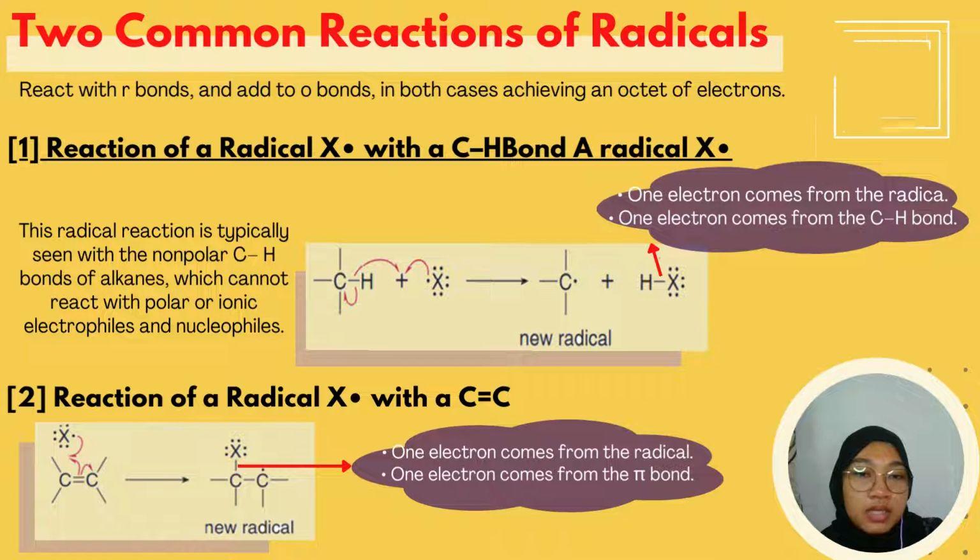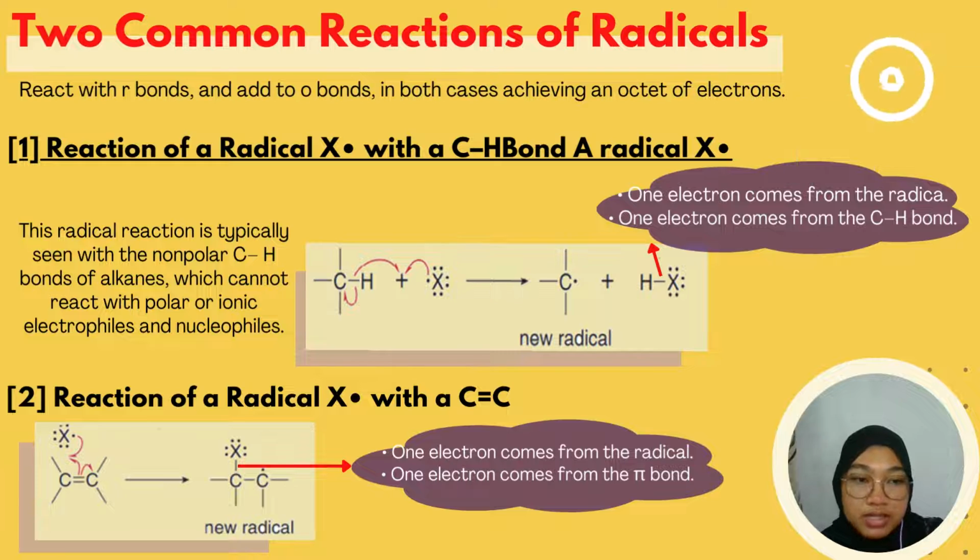The result is that the original radical X is now surrounded by an octet of electrons and a new radical is formed. This radical reaction is typically seen with a nonpolar CH bond of alkanes, which cannot react with polar or ionic electrophiles and nucleophiles.